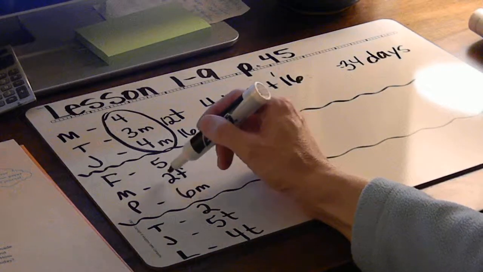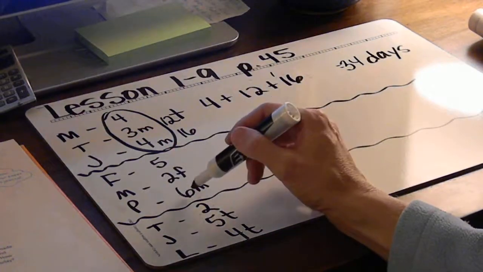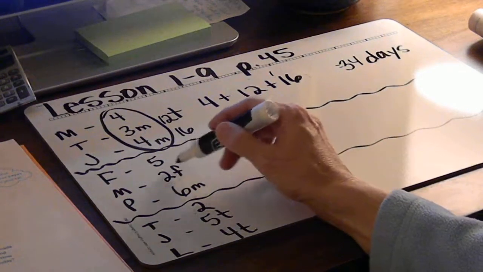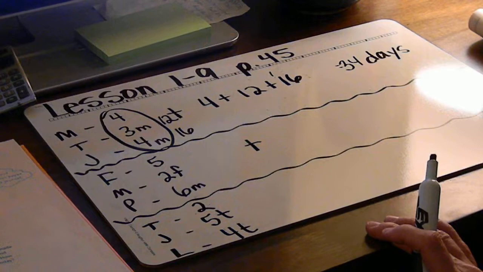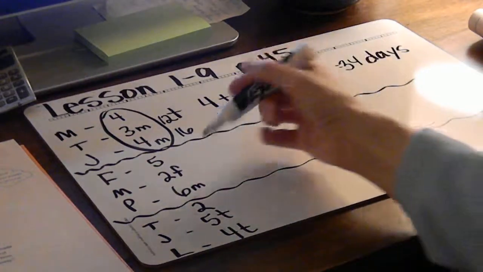So F for Fallbrook, 2 for twice as many. Pinewood has 6 times as many as Mapleville. So as soon as I figure out what Mapleville is, 6 times that amount is going to be the total for Pinewood. And I know ultimately I need to add them. Well, let's figure out some things.